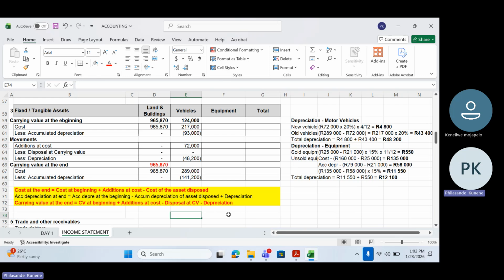How much are you getting using the formula? 147,800. If you're using the formula, 147,800.